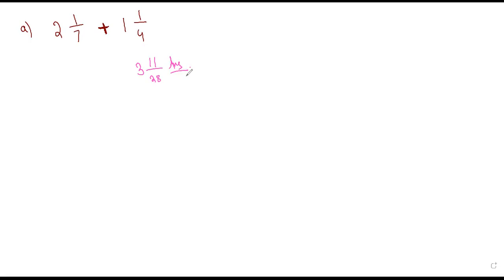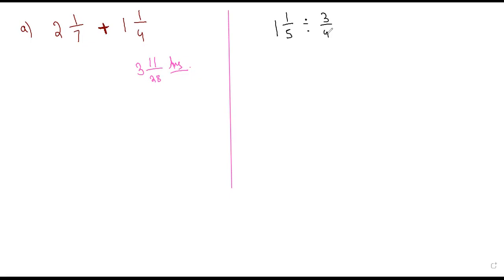So is that okay? Yeah, that's fine. Okay, so let's talk about the second part of the same question. It says, work out this thing. Easy. So you do 6 over 5 divided by 3 over 4.